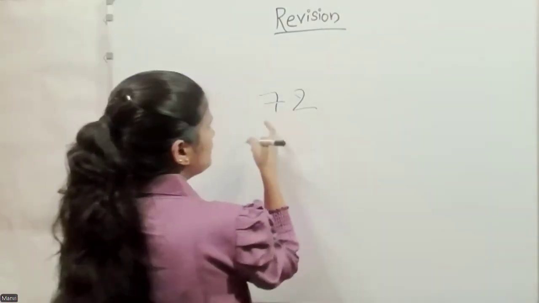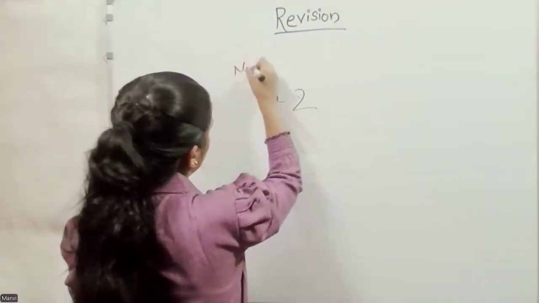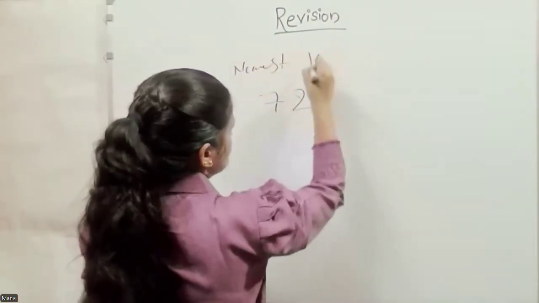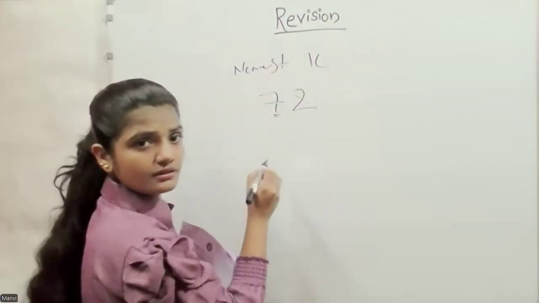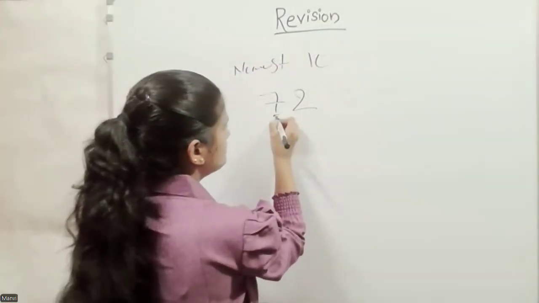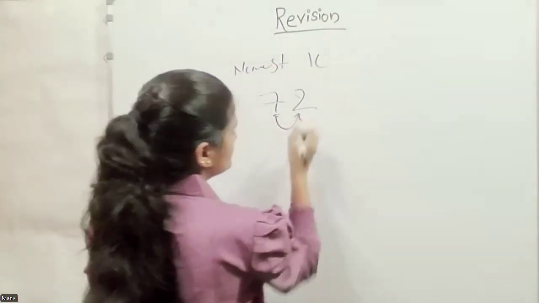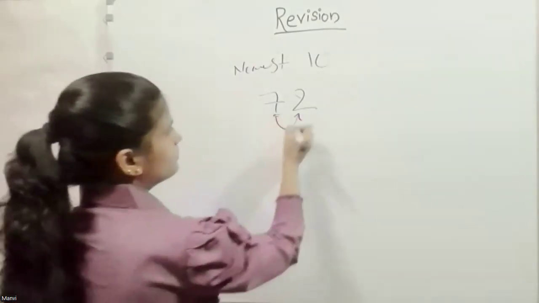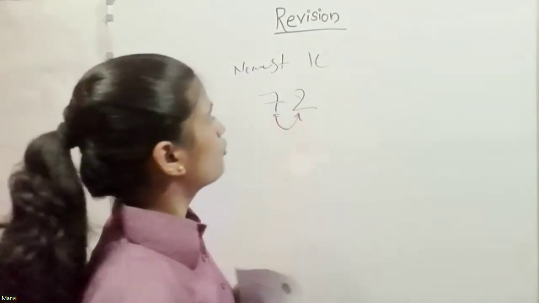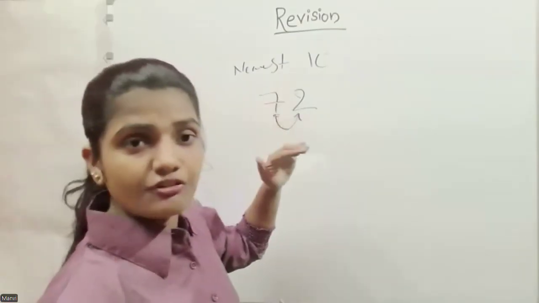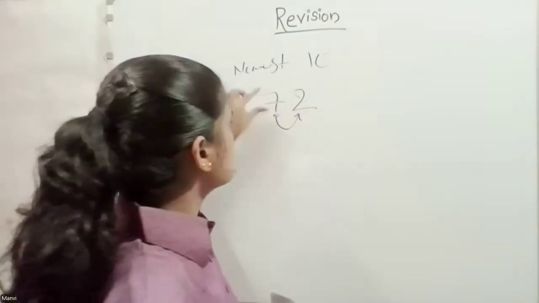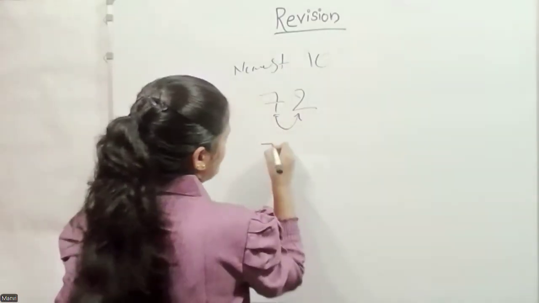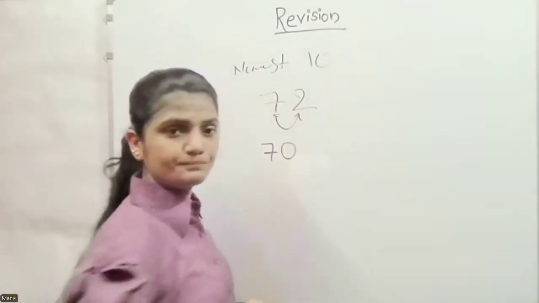Once this is the tens, always look at the number right of that number. So this is 2, which is smaller than 5. This means we can leave this 7 as it is and put 0.